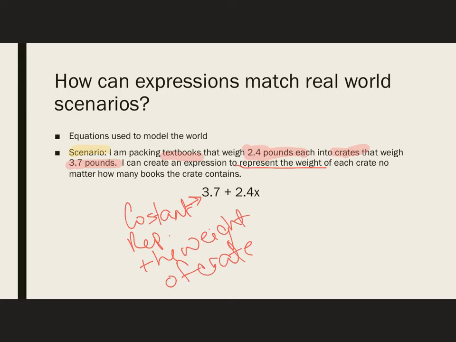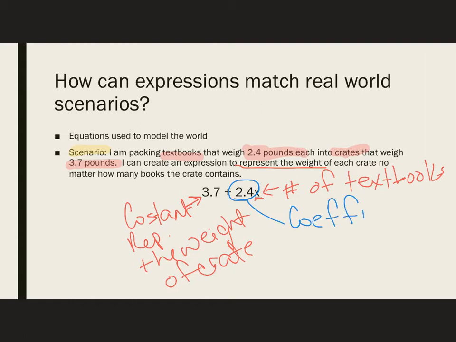And then I have this here. I have my x. What does my variable represent? Well, that is the number of textbooks. That's what my variable represents. And finally, what does the 2.4 represent? It is a coefficient because we are going to be multiplying it with the number of textbooks. The coefficient represents the amount each textbook weighs.